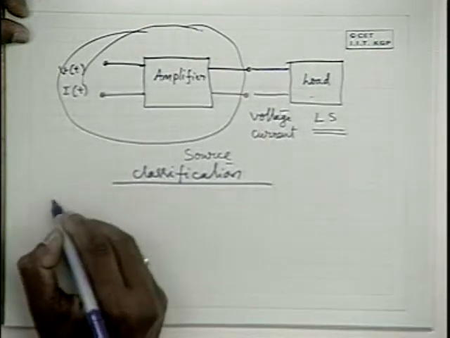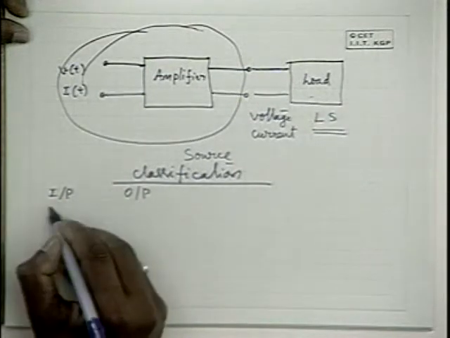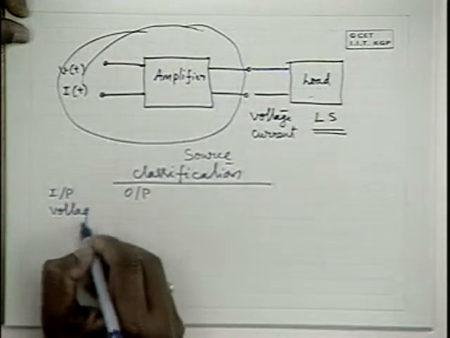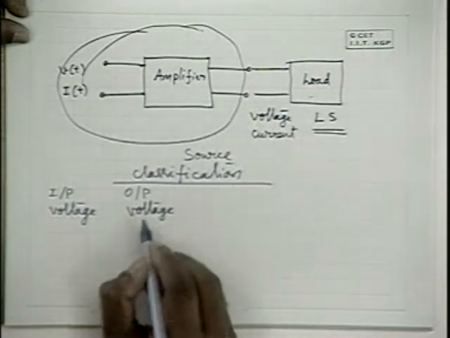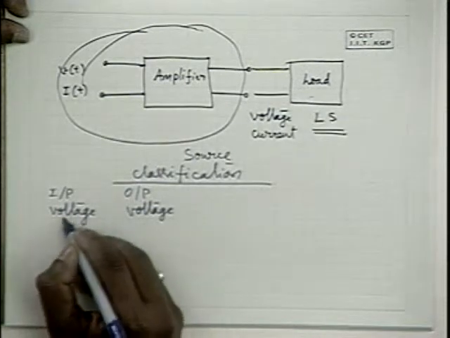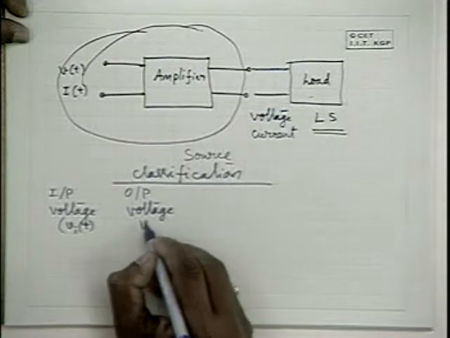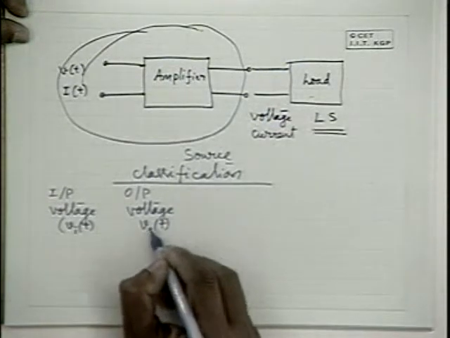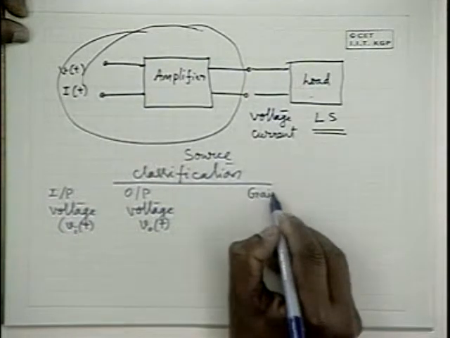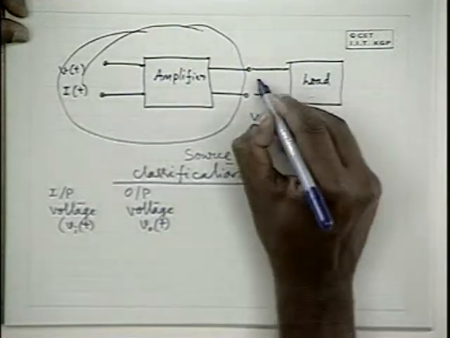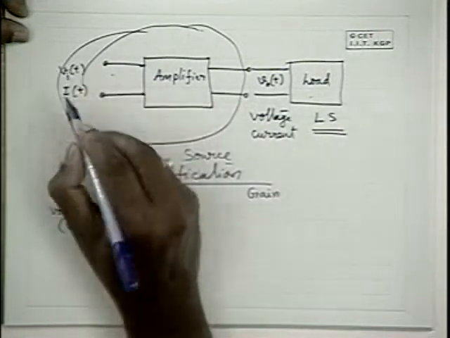If the input signal is a voltage and the output signal is also a voltage, let me call it as VIT, I indicates input, and let me call it as V0T, O indicates output. Then the gain of the amplifier is defined as the output voltage divided by the input voltage.